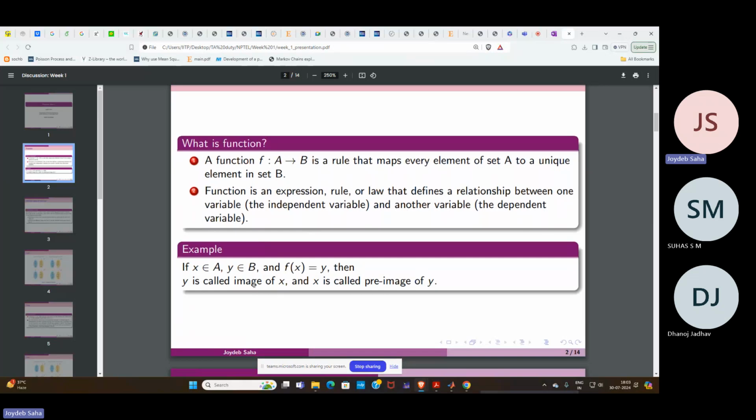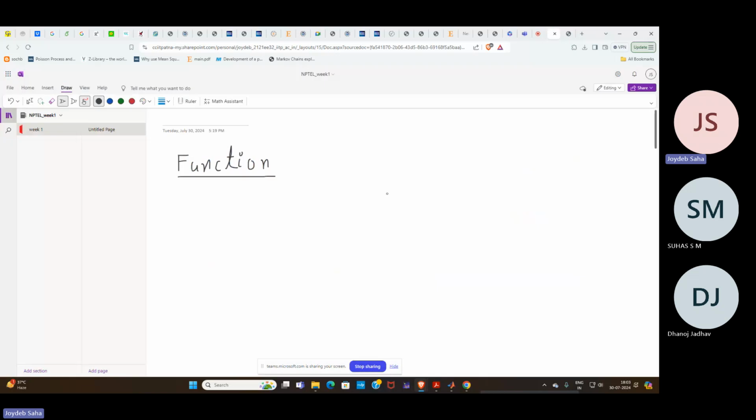Let us say that x is an element in A and y is an element in B. A and B are two sets, and if f of x is equal to y, then we call y the image of x and x the pre-image of y, right?